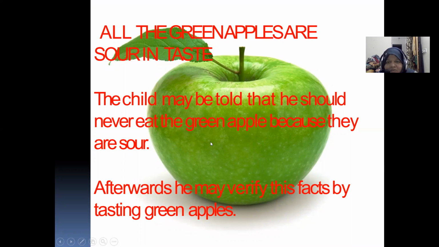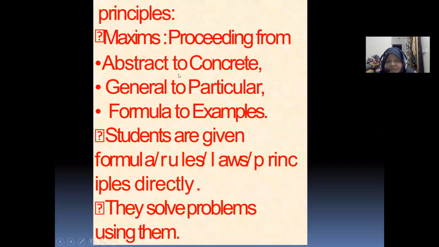The child may be told that he should never eat the green apple because they are sour. Afterwards, he may verify this fact by tasting the green apples. So this method is based on the maxims of proceeding from abstract to concrete, as the child cannot taste the green apple but is told. Then general to particular, he generalizes that daily he is observing sunsets and sunrises.